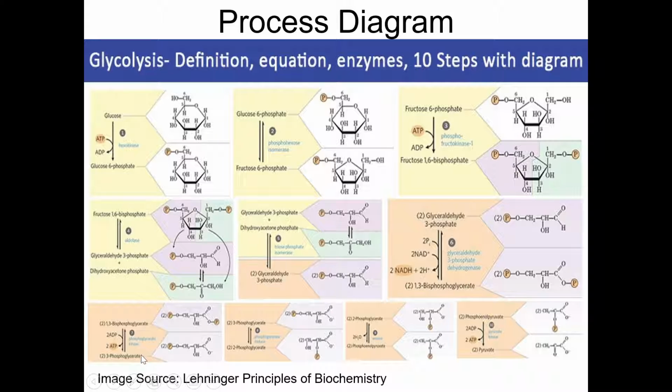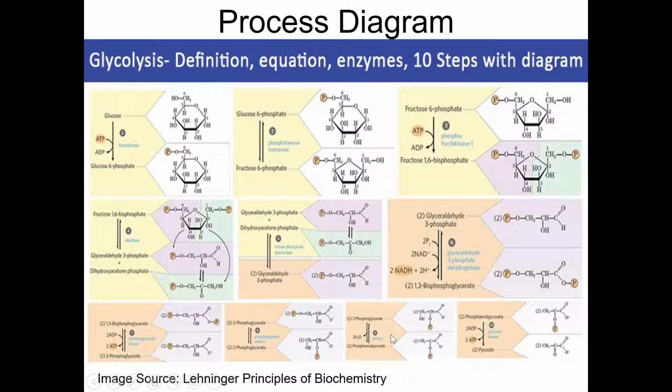The enzyme in this particular step is phosphoglycerate kinase. That's kind of hard to make out right there, but that's the enzyme we're using. We move into step 8, when the 3-phosphoglycerate is converted into an isomer, 2-phosphoglycerate, using the enzyme phosphoglycerate mutase.